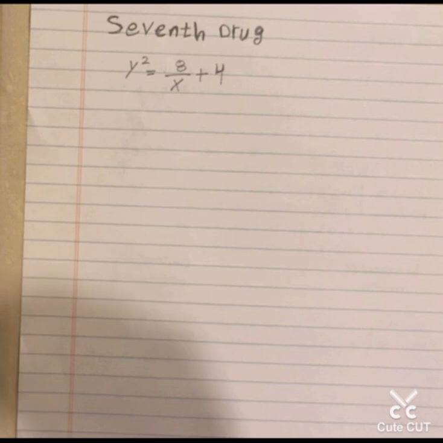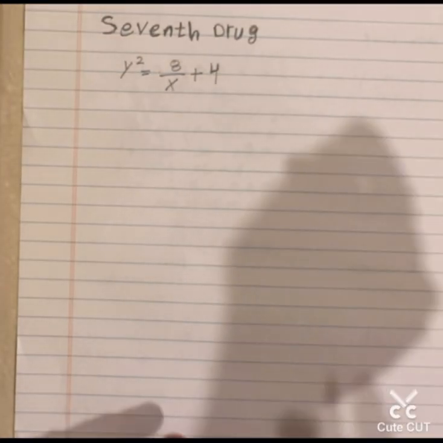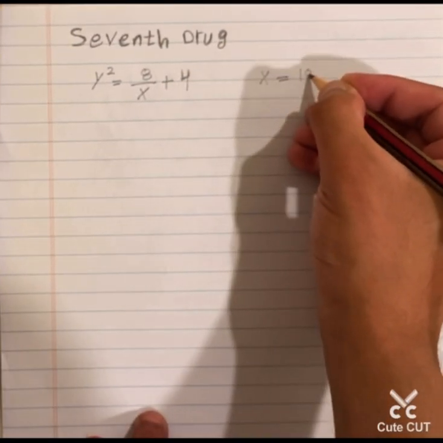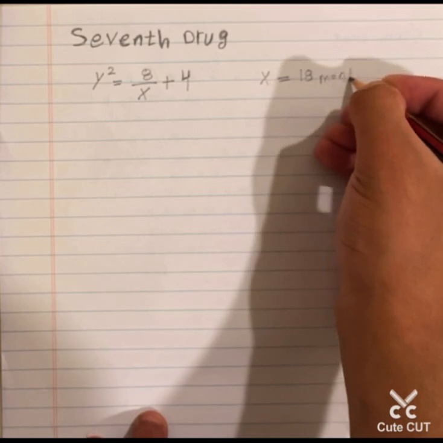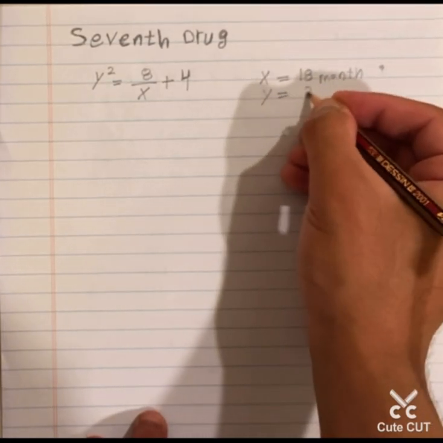Suppose I want to know the progress of our achievements in the 18th month, when x equals 18 months. I want to know what y is, the progress percentage.